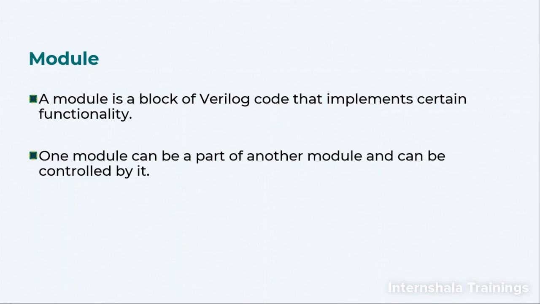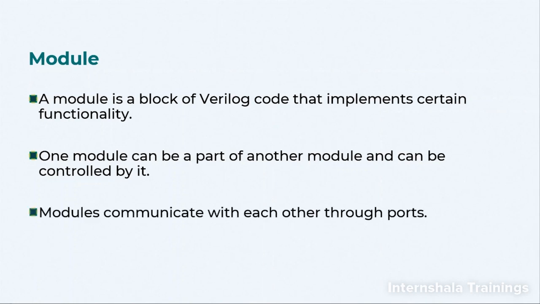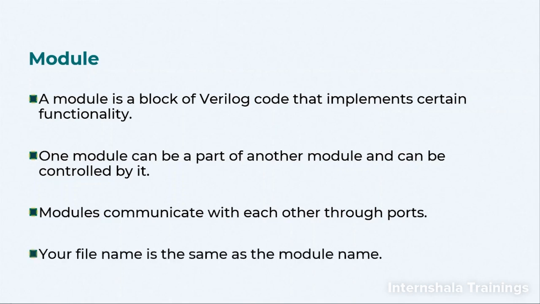If we make one full adder, a 1-bit full adder, and then we want to make a 4-bit adder, we can call these 1-bit adders components of our larger system. Modules will communicate with each other through ports, input ports as well as output ports, and the file name will be the same as our module name.